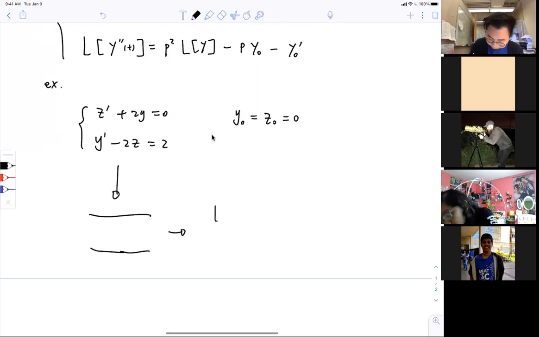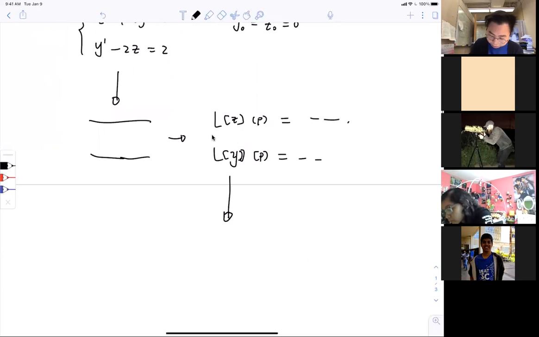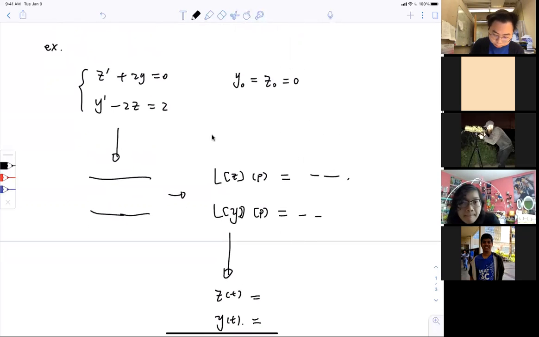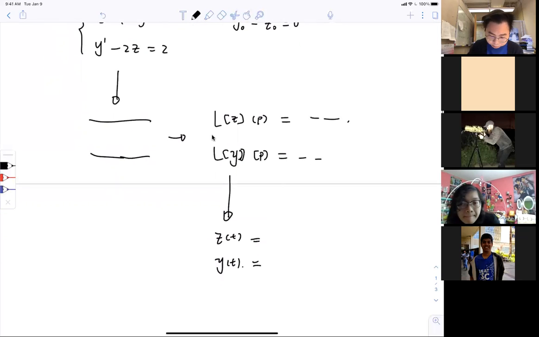You will get Y(p) equal to something, and then apply the inverse Laplace transform back to your original space, right? So instead of solving a differential equation, we solve an algebraic equation. That's much easier. That's the basic idea.